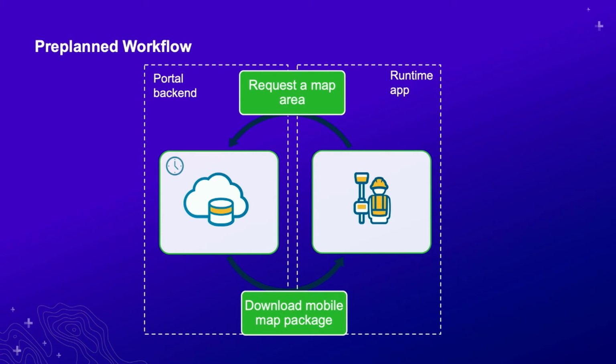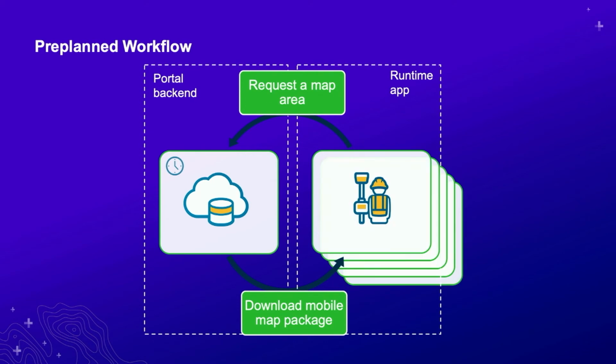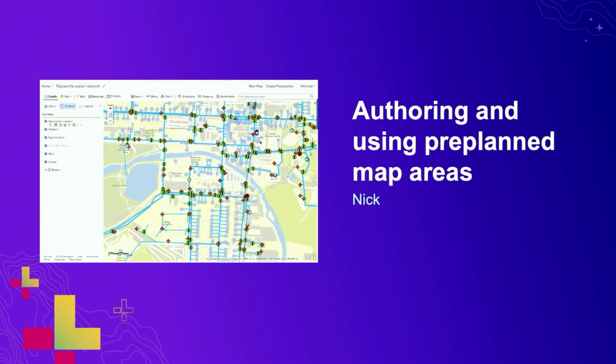If there's no newer version available, there won't be anything to do. You can see this happening here where the map package gets downloaded numerous times onto the device. So let's take a look at another demonstration from Nick, where Nick goes through the process of authoring and using pre-planned map areas.